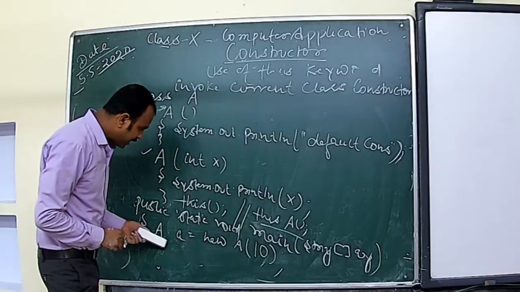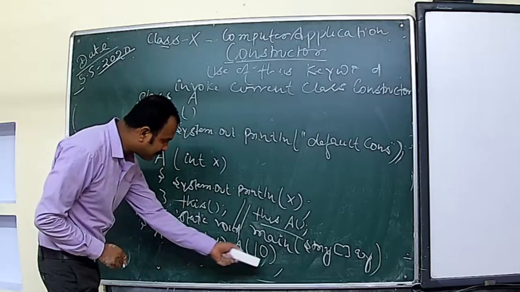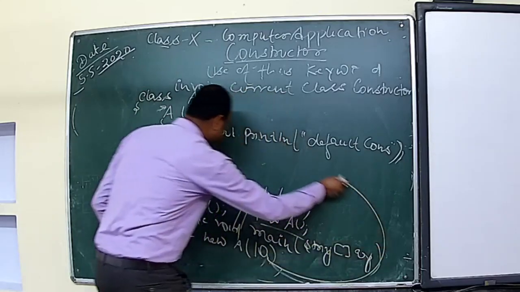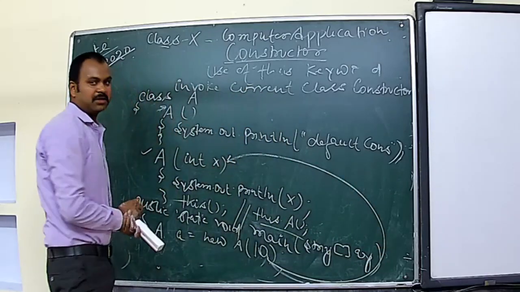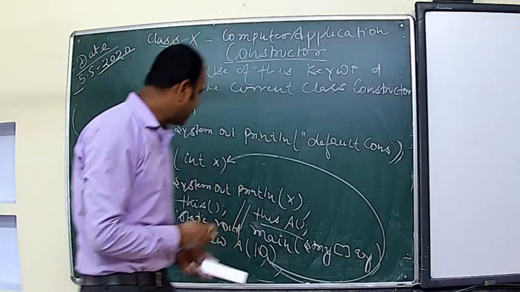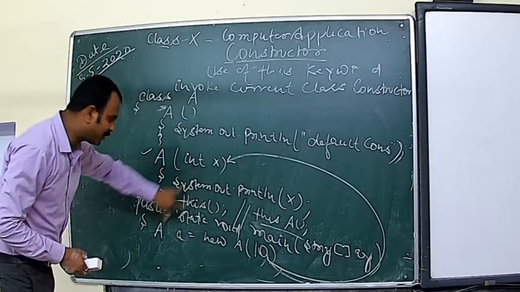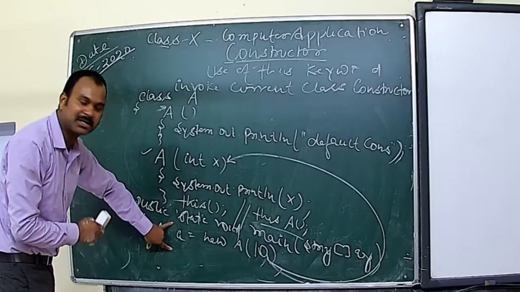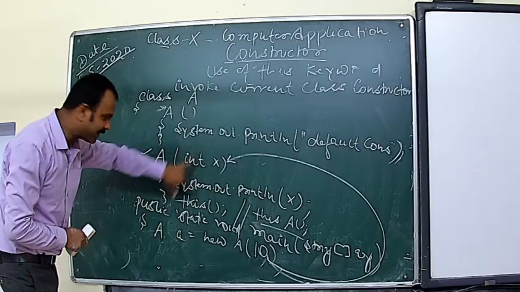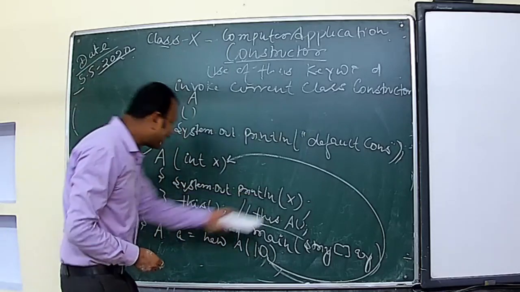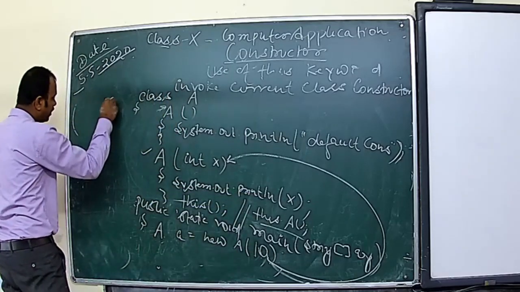So here, as soon as I create an object of this class and I pass a parameter, this will link with the parameterized constructor, and this will definitely execute. I pass a value also, so system.out.println will print 10.